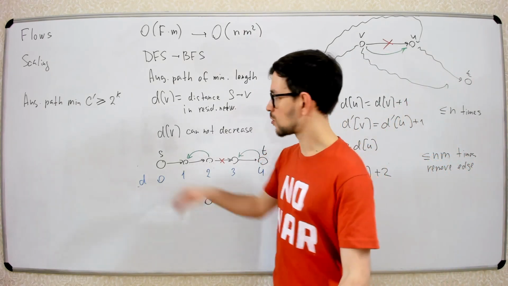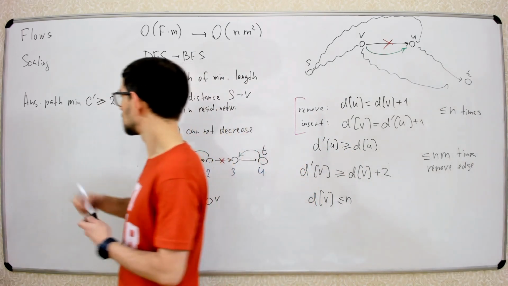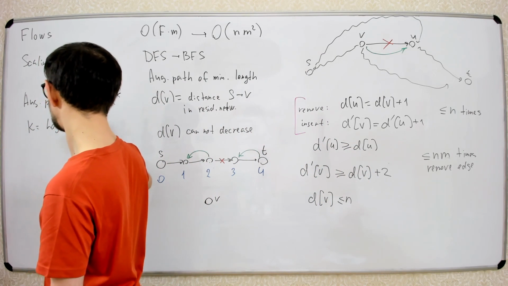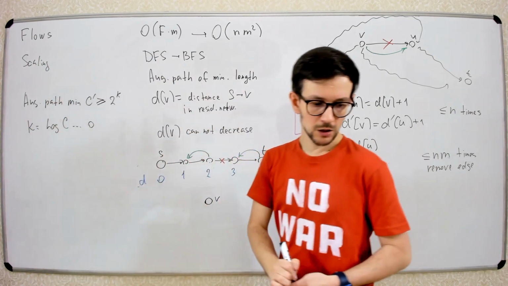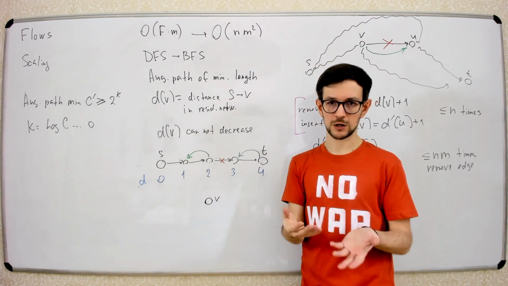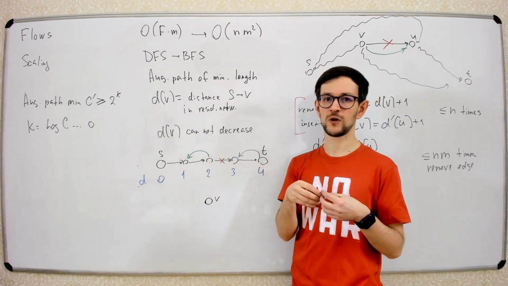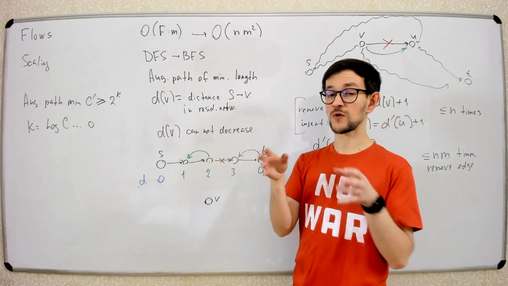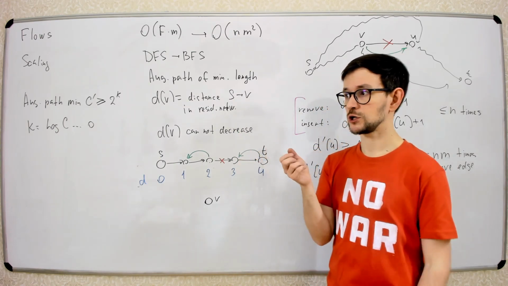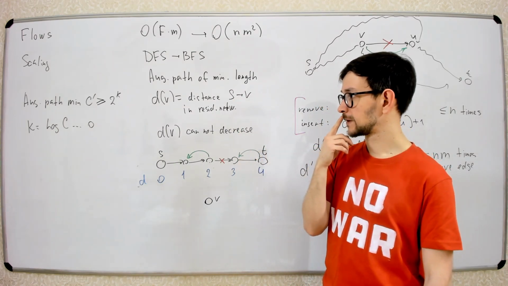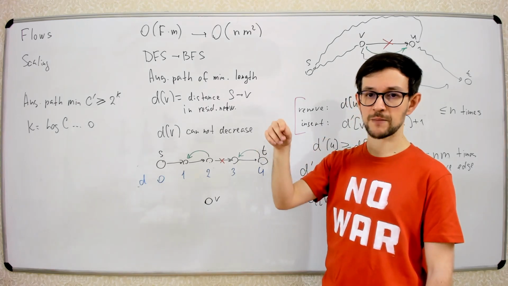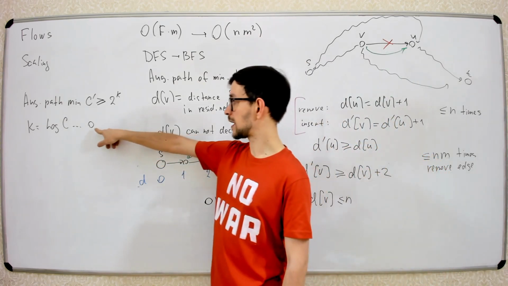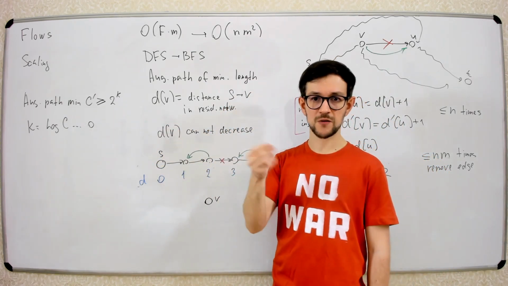First we'll set a big value of k, so k will be decreasing from log C to 0, and try to find very good paths which increase the flow by a big amount. When we don't find any paths which increase the flow by 2^k, we will decrease k by 1 and find smaller paths, and so on. In the end, k will become 0, so we will find any path with at least 1.